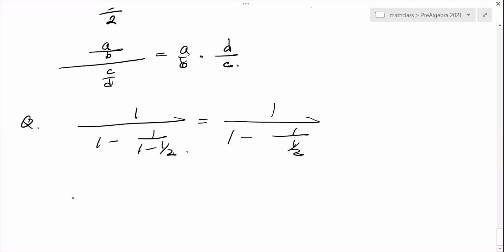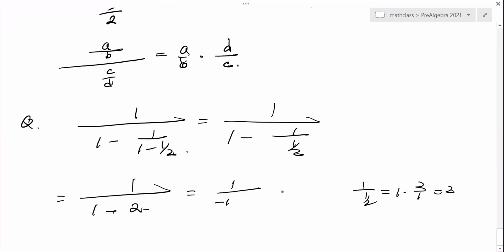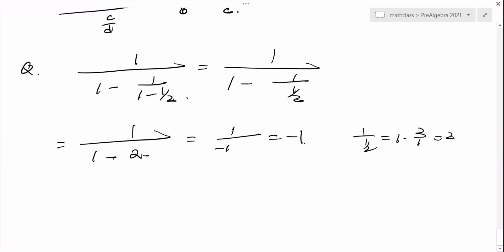Then 1 divided by 1 half is going to be 2, because 1 divided by 1 half is 1 times 2 over 1, which is 2. Then you will get 1 minus 2, which is negative 1. So the answer is negative 1.